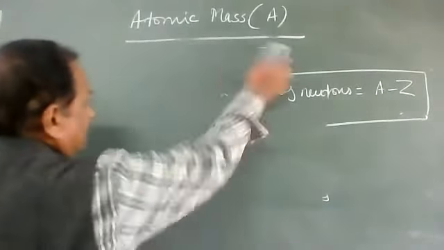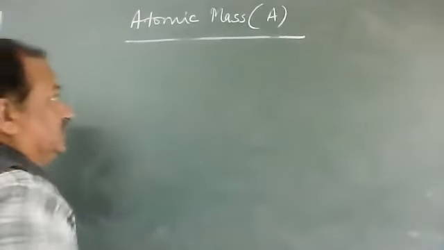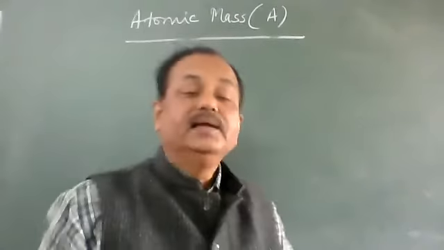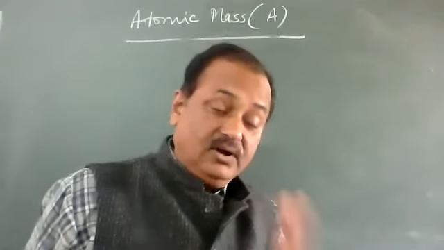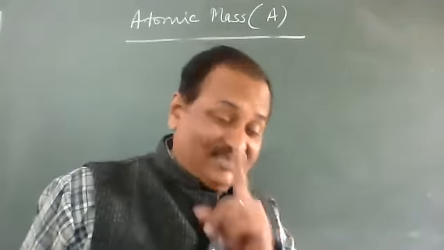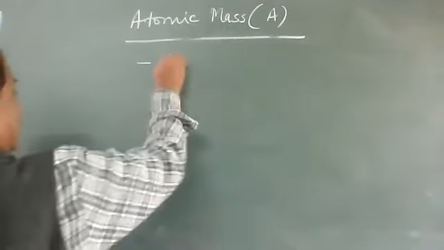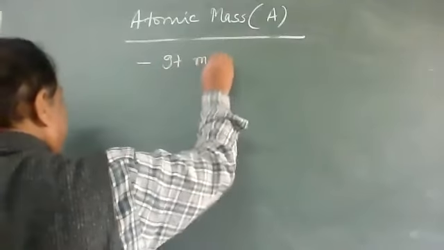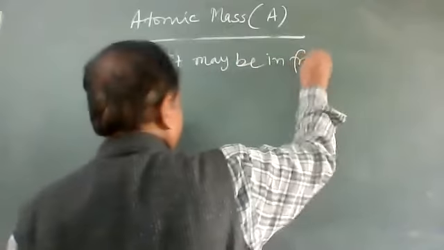Now I'm going to explain something more about the atomic mass. As you know, atomic number is always a whole number, single for an element, but this does not apply to atomic mass.